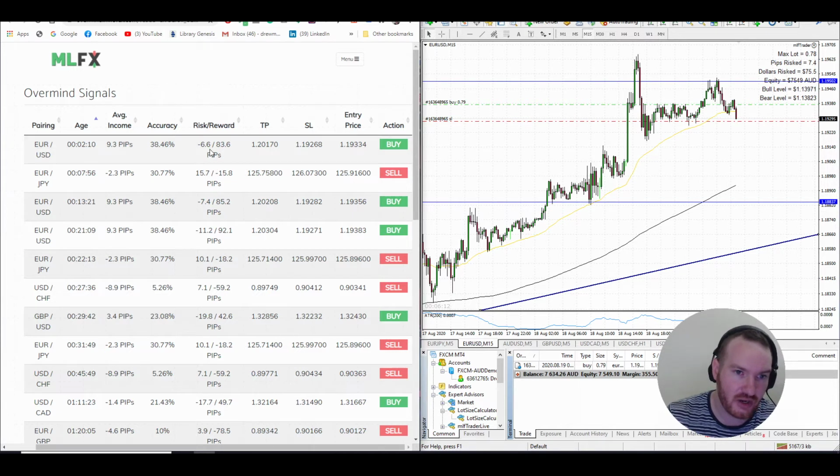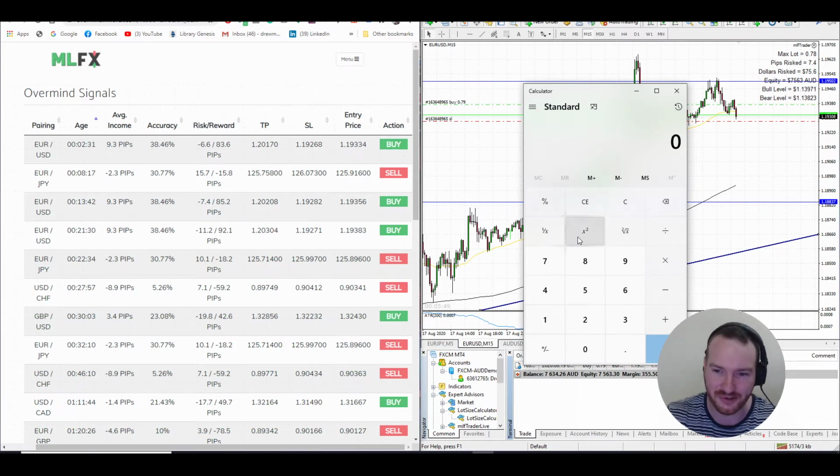So on the left hand side you obviously have the stop loss, which is the risk, and then on the right hand side you have the take profit, which is the reward in relation to the entry price and in the pip value. So this top one here, you can see it is, let's bust out the calculator, the trusty old calc. I should always leave that open, I use it all the time.